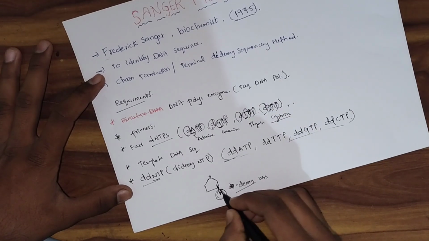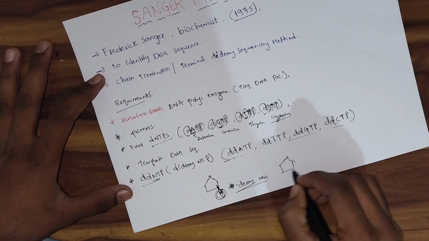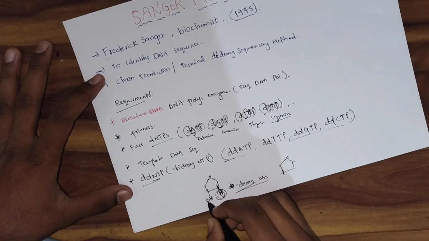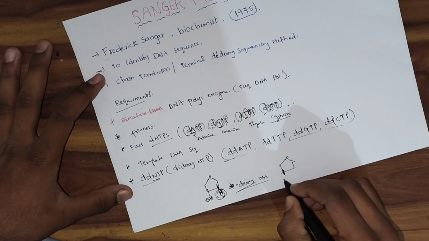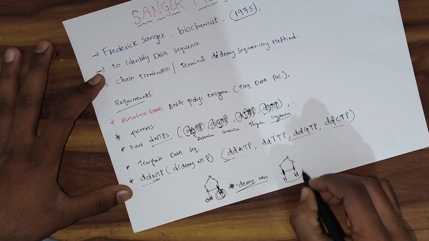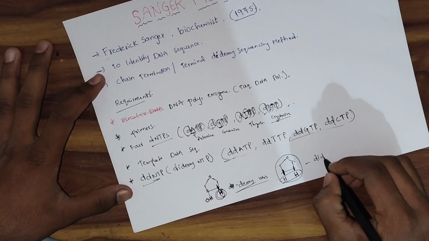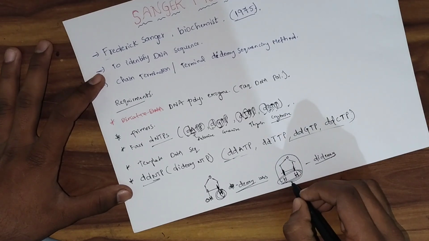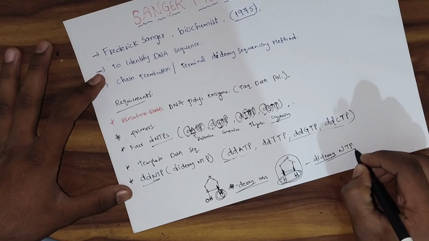In the other sugar, at the third carbon, you have an oxygen group. But in the Sanger method, there is an absence of oxygen at the third carbon also, so the sugar is called dideoxy, di meaning 2. Two oxygens are absent, so these are dideoxy nucleotide triphosphates.